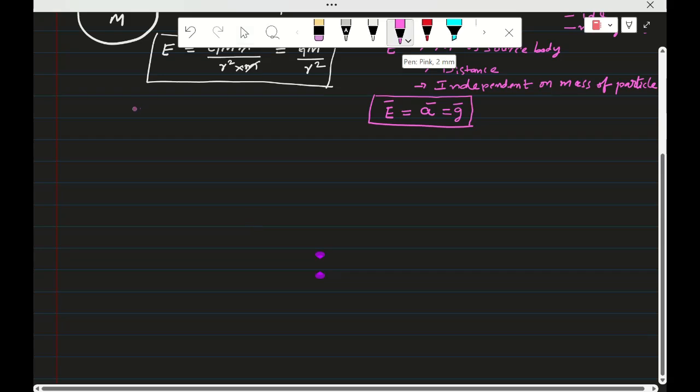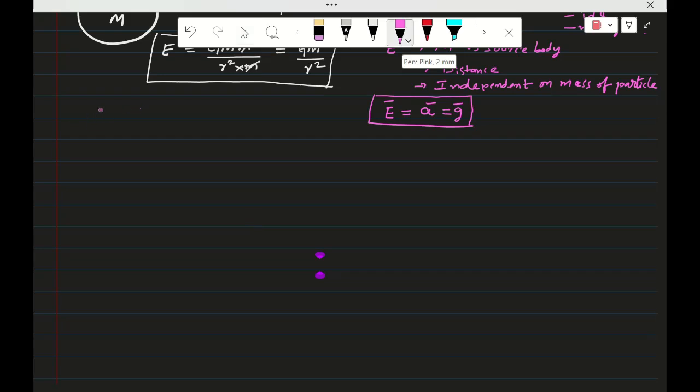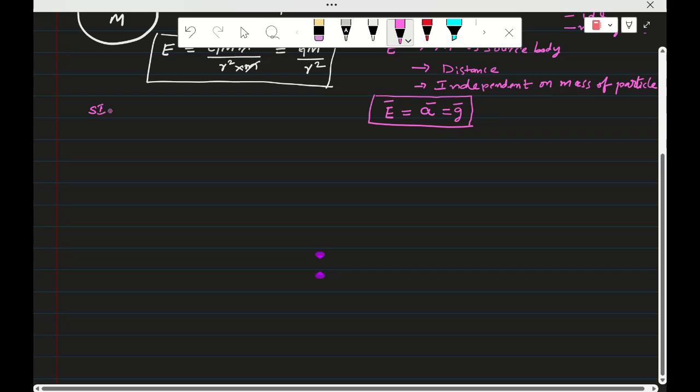The SI unit of field is force by m, that is Newton per kg. You can also consider it as force per unit mass. The dimension formula is M L T power minus 2 by M, that equals L T power minus 2.